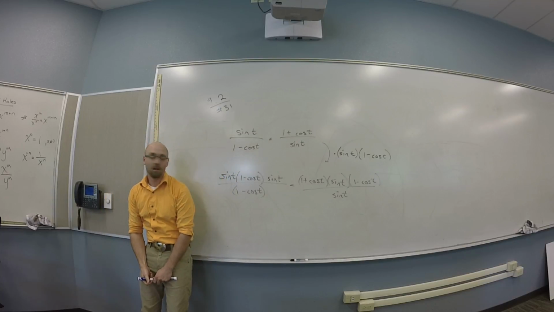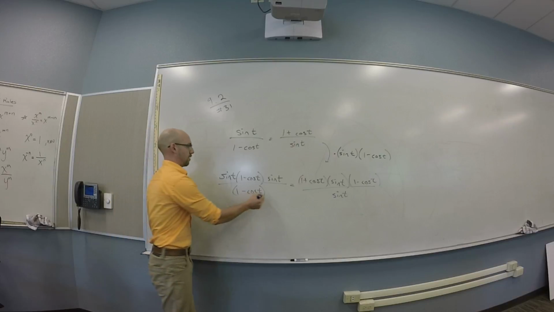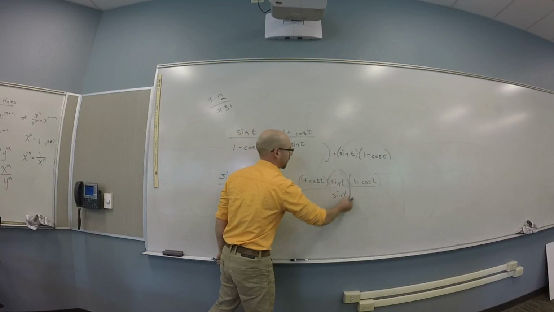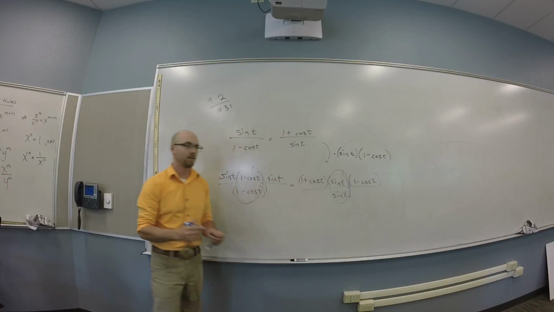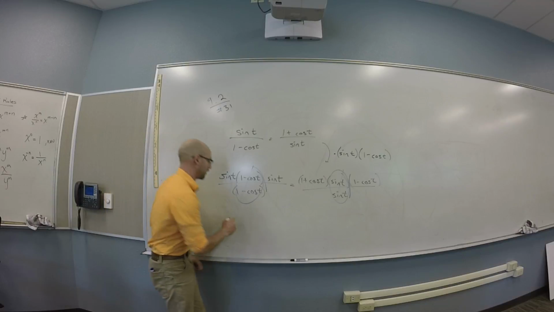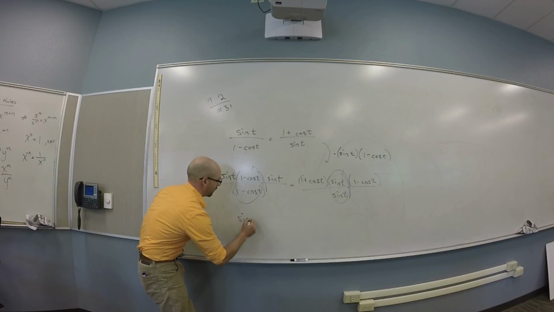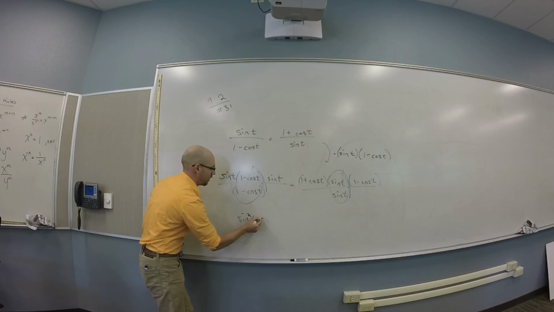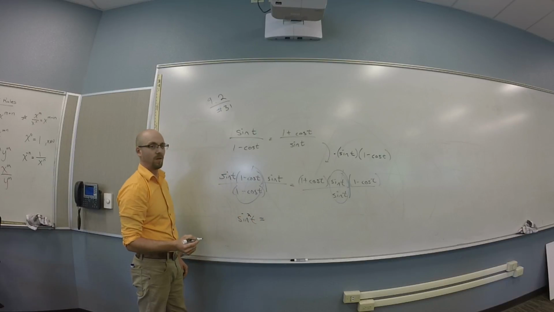The 1 minus cosine t's and the sine t's are ones and drop out. Okay, this guy's a onesie, so we can drop it. And sine t over sine t is also a onesie, so we can drop that. And so I have sine t squared, sine squared t, equals cosine squared?